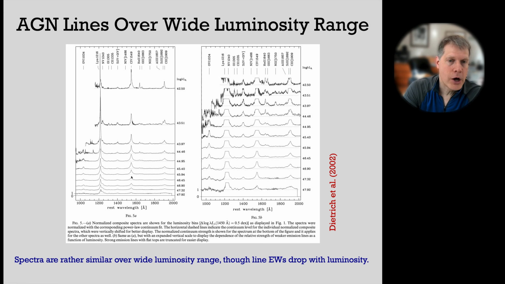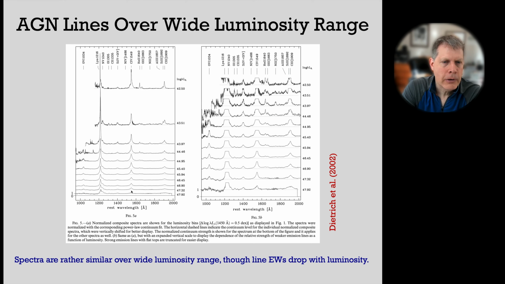Again, over a range of 100,000, and that's a remarkable thing. Over here in this panel on the right, you can see the same basic plot as over here, except here they've limited the scale of the y-axis so that you can see the weaker lines. And even the weaker lines have good similarity over this enormous range of luminosity. So that's another remarkable point. The spectra are rather similar over a very wide range of luminosities.